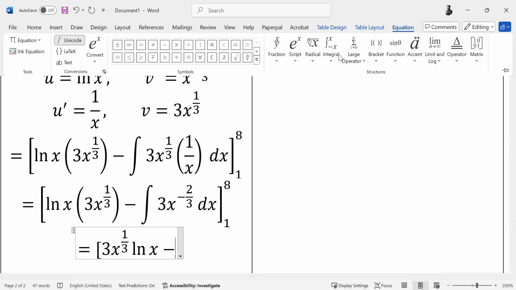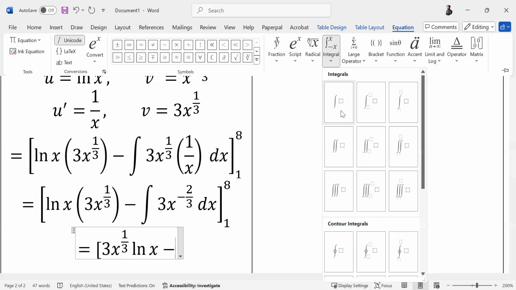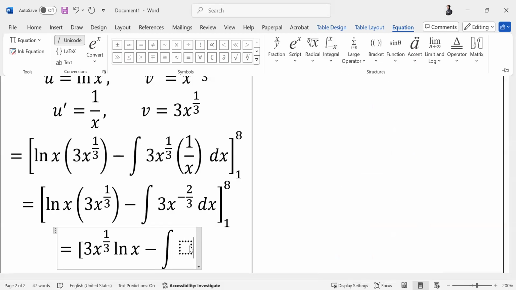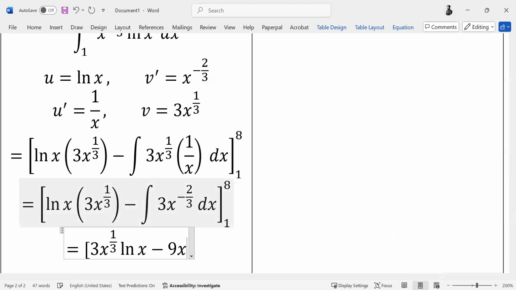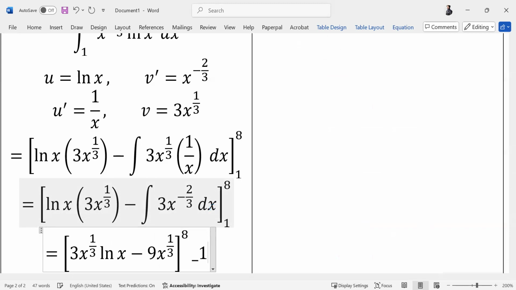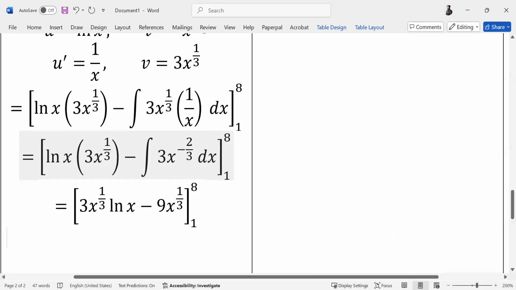When you integrate it, tell me what is the final answer that you end up getting? 9x. Please let me know if you are unable to understand a single step of this working. It's very easy to understand. Understand it and do it, breaking it into steps.